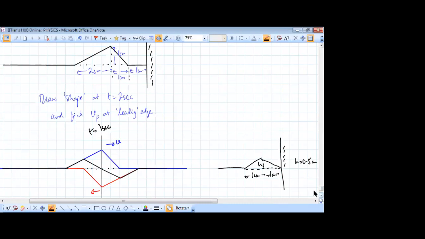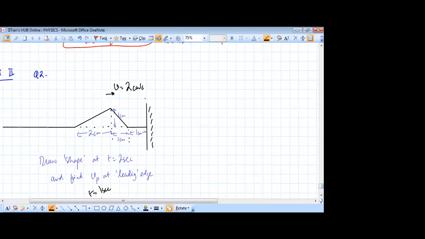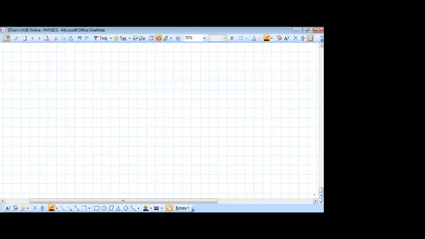At t equal to 2 seconds, the blue one's peak has actually traveled 4 centimeters from here. So when it travels 4 centimeters from here at 2 seconds, this point has gone here. So it's gone 2 plus 2, so that will look like this. Similarly, the actual question is at t equal to 2 seconds, not 1 second.